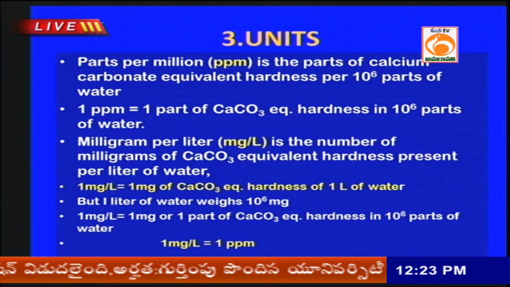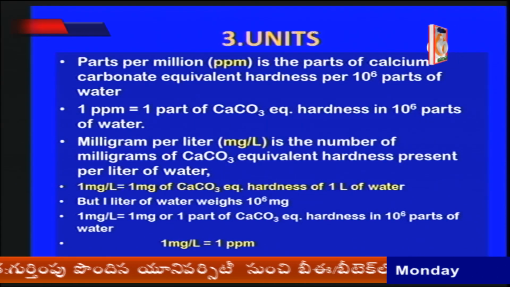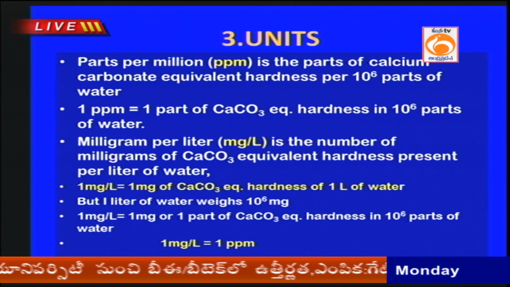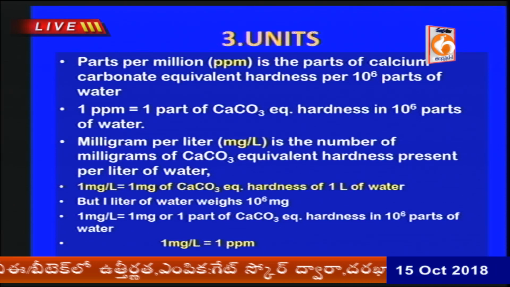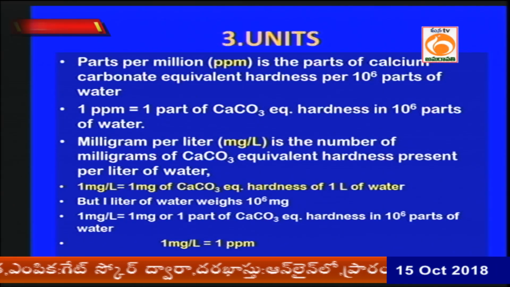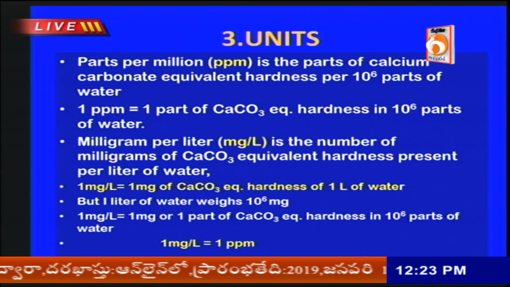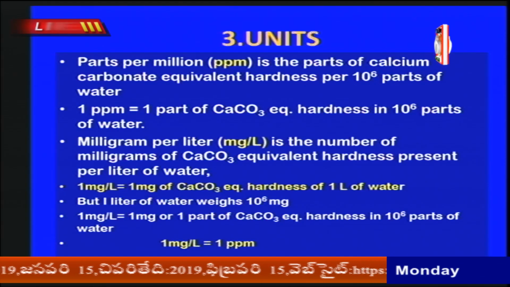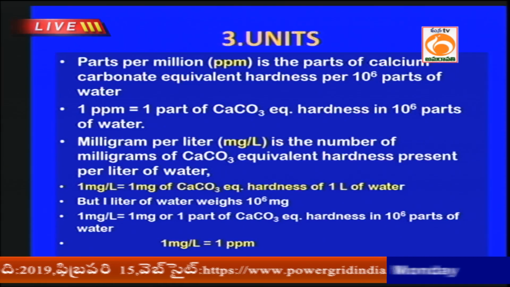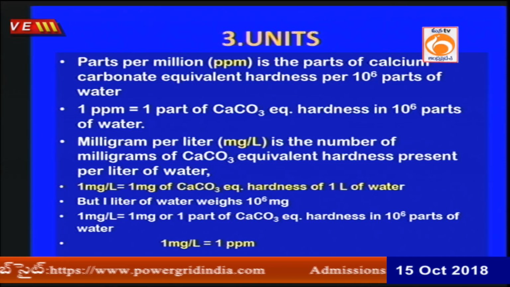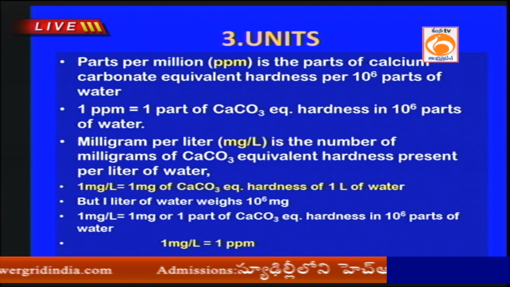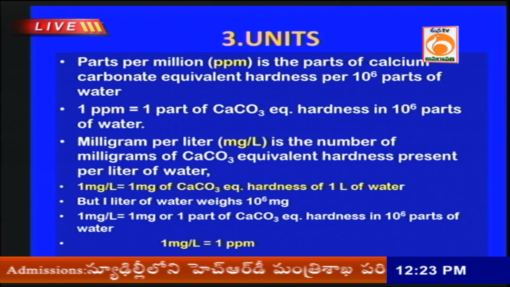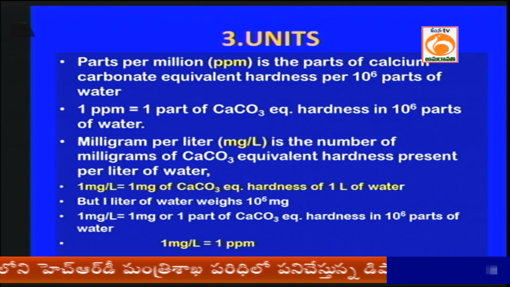It is the number of calcium carbonate equivalents present in 10 power 6 parts of water. Suppose one part is present, then it is called 1 ppm. If two parts are there in the 10 power 6 parts of water, it is called 2 ppm. So, 1 ppm equals 1 part of calcium carbonate equivalent hardness in 10 power 6 parts of water.